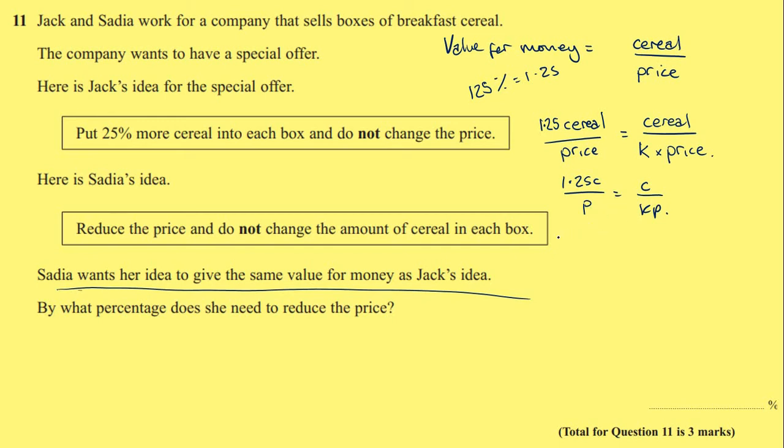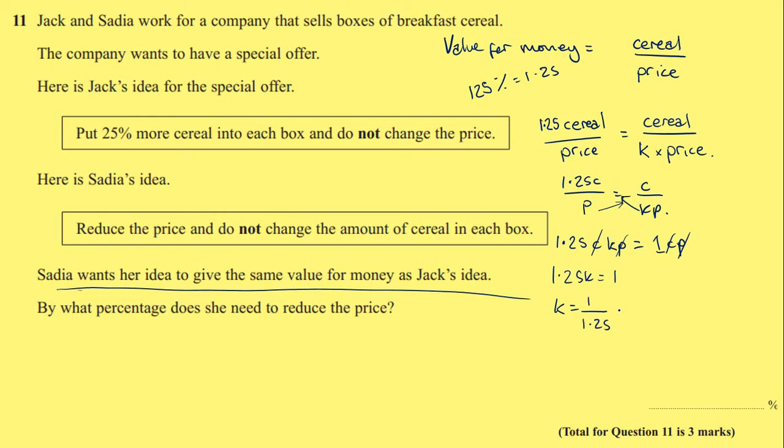A nice way to do that is to have 1.25 C KP, multiplying that up there, equals 1 CP. Then we can cancel off the C and the P, and we'll get 1.25 K equals 1. Now that means that K is equal to 1 divided by 1.25.